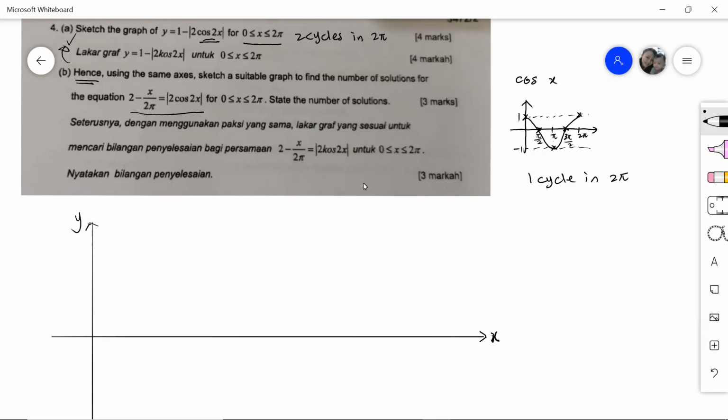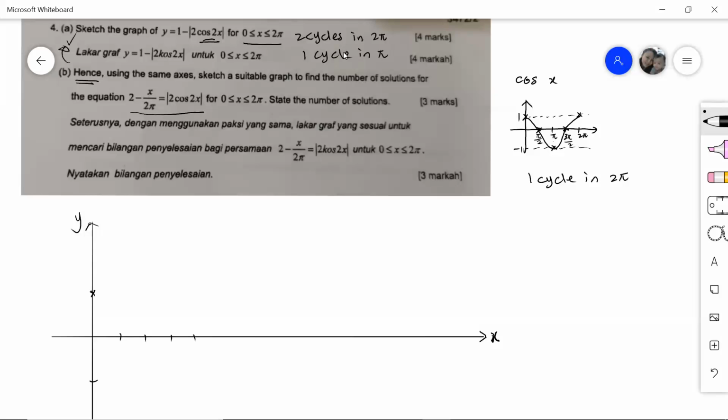These 2 cycles must be completed in 2 pi, so every 1 cycle will be in 1 pi. So don't worry about that. We just carry out the same way we sketch the cos graph by plotting our 4 quadrants and also our maximum and minimum value.